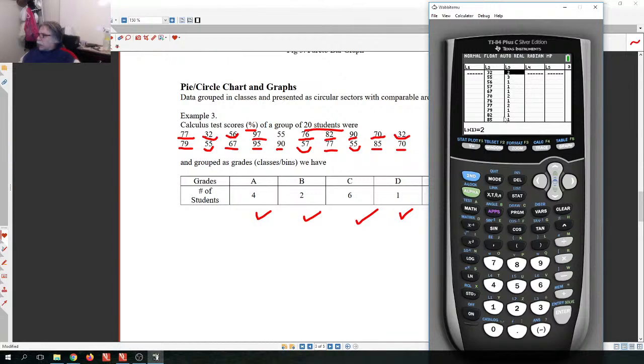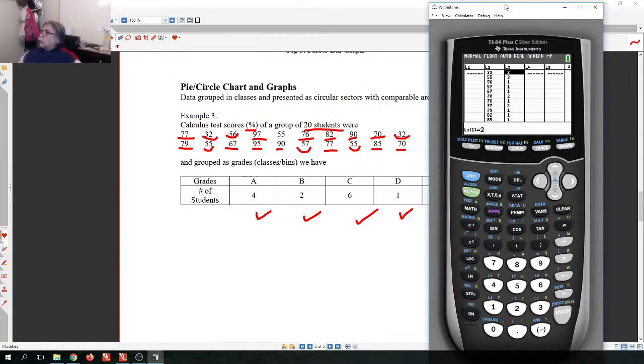You have less to write. Instead of writing 55 thirty times, you just write 55, and in the frequency list you put 30 in the same row. That means 55 appears 30 times in your sample. So that's what it's for.